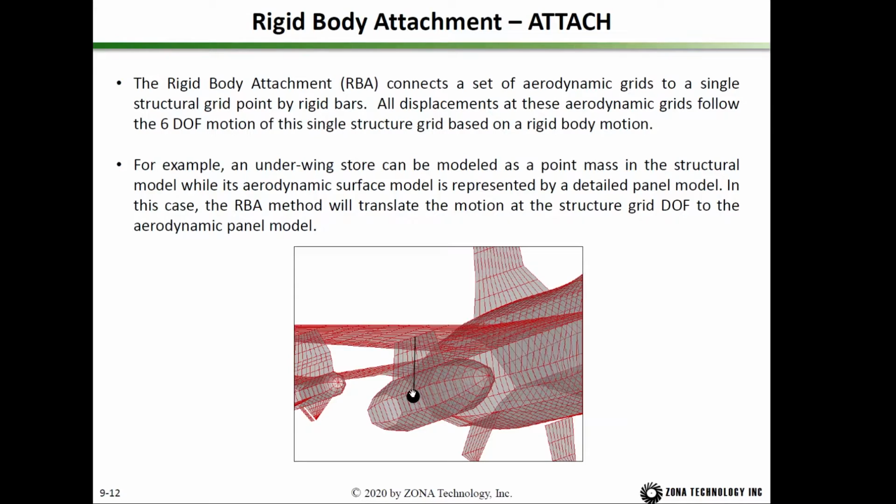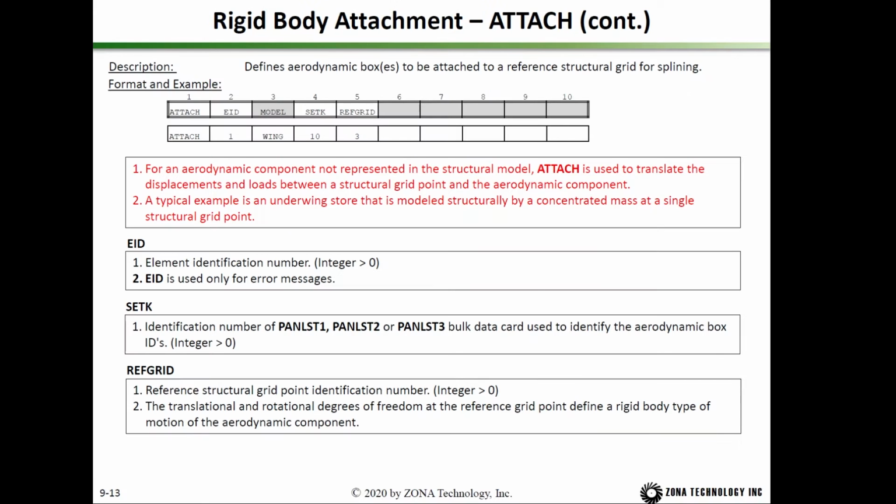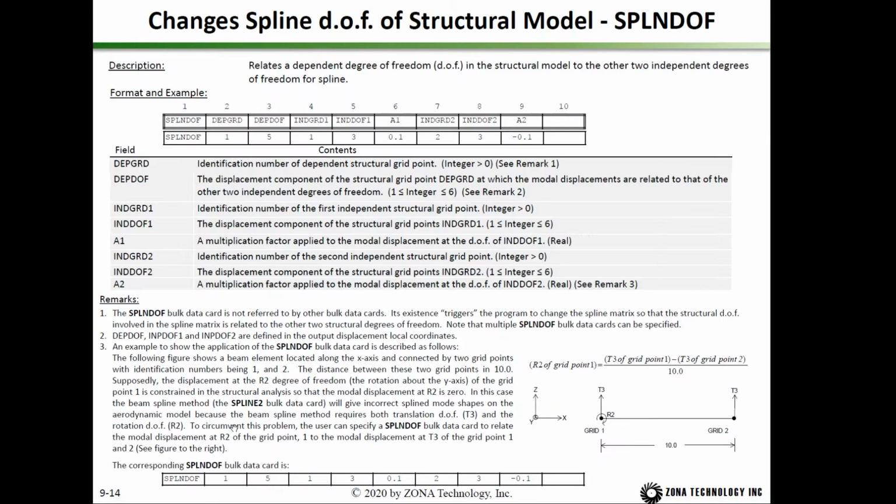So when this point moves and rotates, the whole aerodynamic model moves and rotates accordingly. So the card is called ATTACH, and then you refer to the APPENDIX 1, 2, 3 card to list out the aerodynamic panel IDs, and it refers to a structural grid point ID here. This is ATTACH.